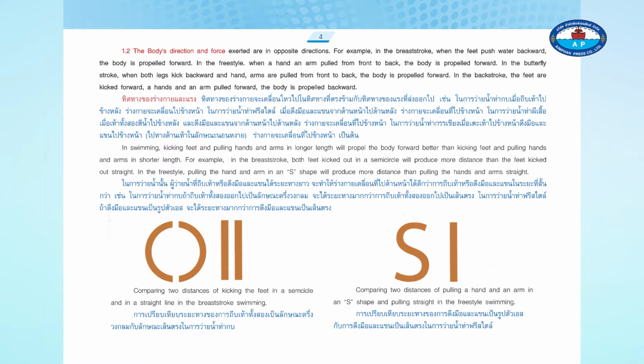In the freestyle, pulling the hand and arm in an S shape will produce more distance than pulling the hands and arms straight. Comparing 2 distances of kicking the feet in a semicircle and in a straight line in the breaststroke swimming. Comparing 2 distances of pulling a hand and an arm in an S shape and pulling straight in the freestyle swimming.